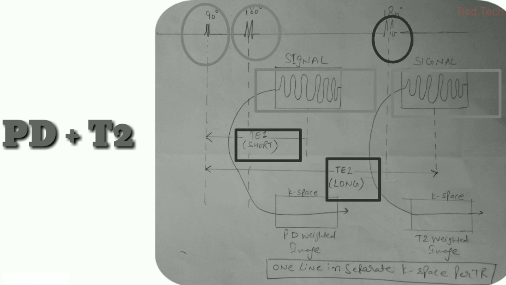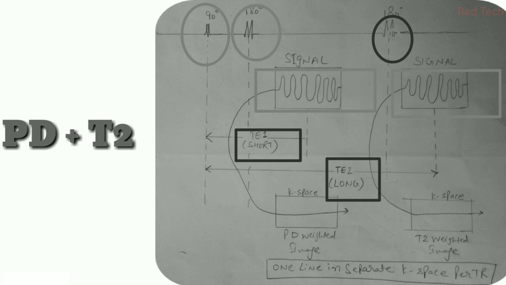By this we receive the first time of echo, which is short, and the other is a long time of echo, which takes a longer time. This second time of echo we receive after a long time, so we call it the long time of echo.